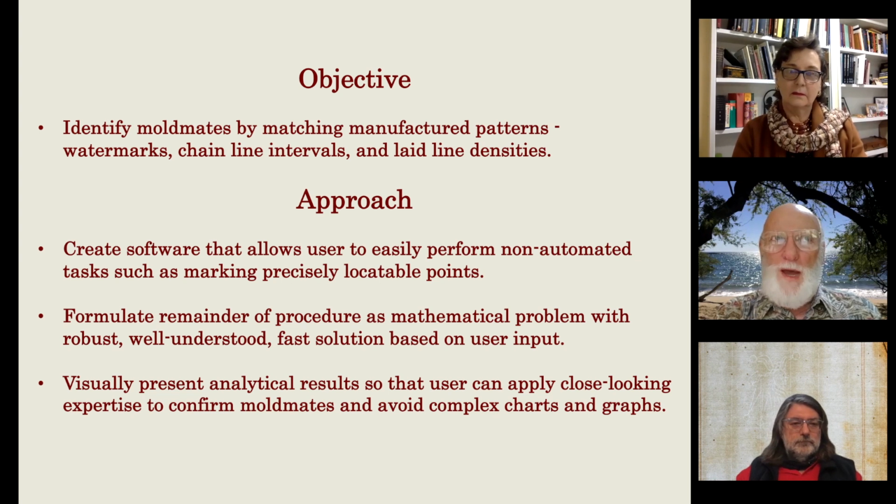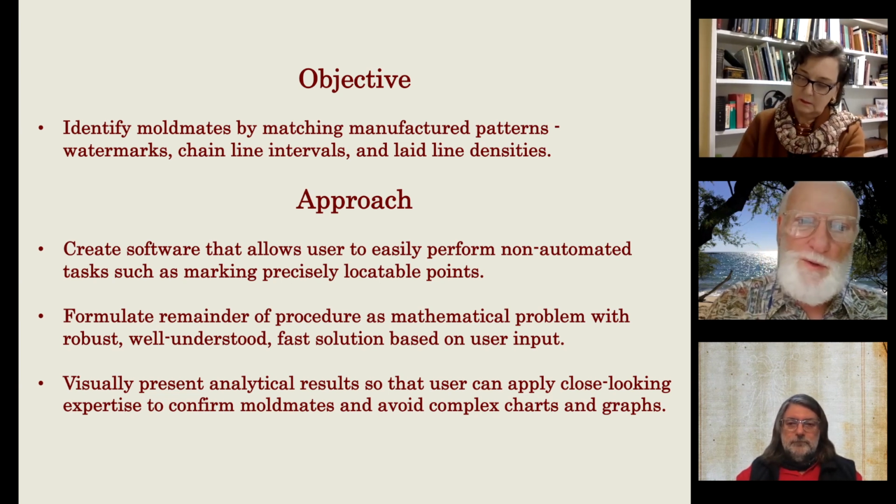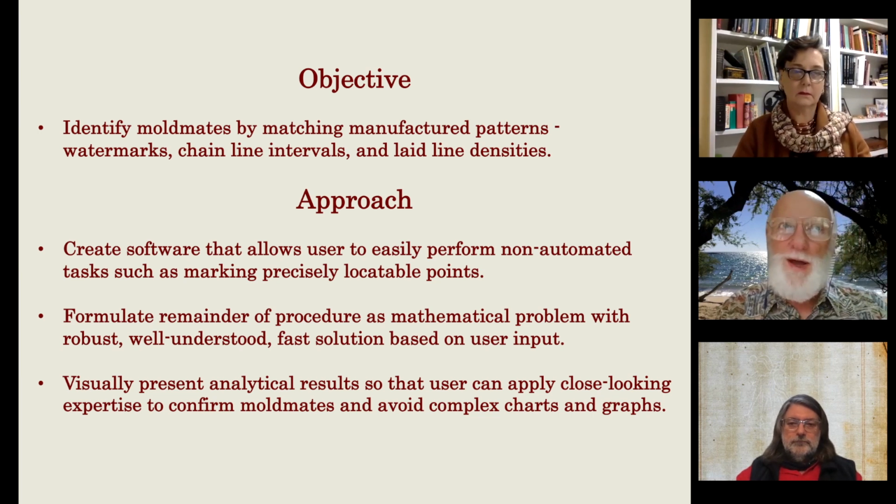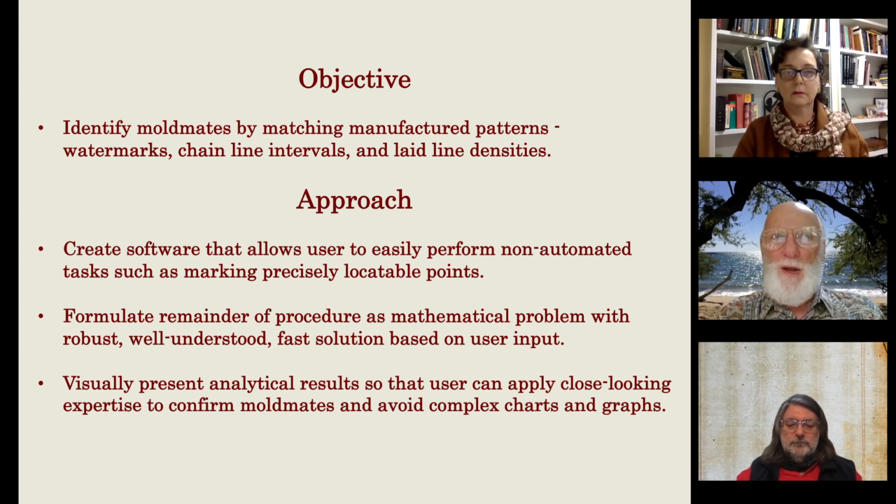One of those tasks: you just saw the images crowded with other artifacts, even after we clean off the surface images, that will confuse machine learning or a computerized approach trying to find similar points in very different images. But for humans, this is fairly straightforward. So our first task is to create a semi-automated piece of software that assists the user in marking points that are precisely located, perhaps where two wires cross in the image itself.